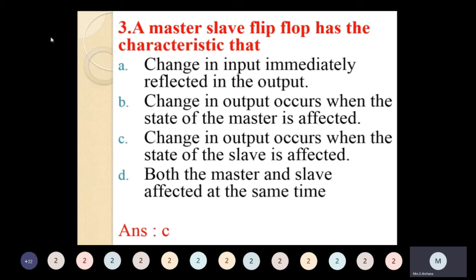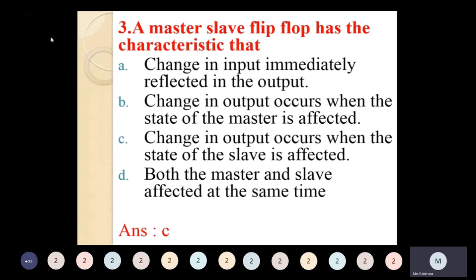The question: the master slave flip flop has the characteristic that. The first option, changes in input are immediately reflected in the output. Option 2, changes in output occur when the state of the master is affected.